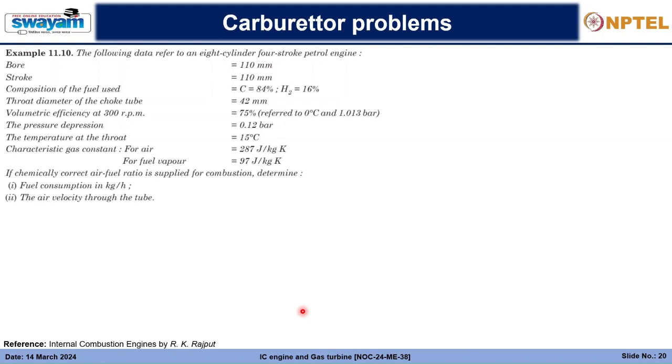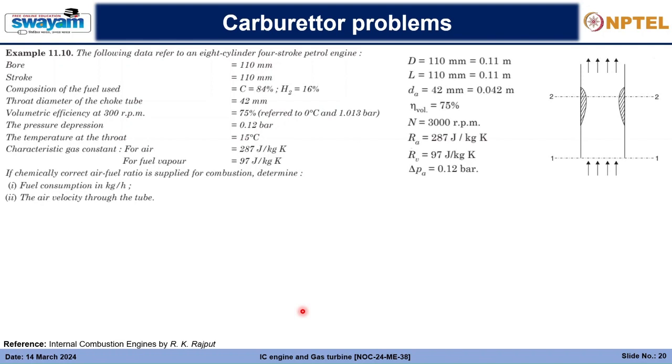The characteristic gas constants for air and for fuel vapor are given. If chemically correct air fuel ratio is supplied for combustion, we need to determine the fuel consumption in kg per hour and the air velocity through the tube. So this is the setup, and these are the values we are given. Let us take a minute to understand this question and solve it.